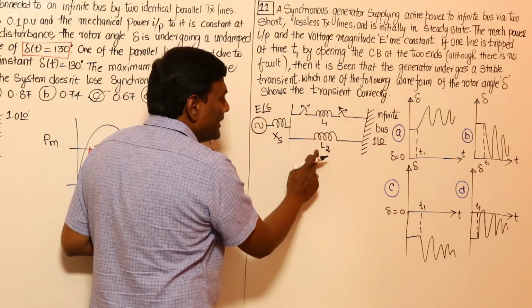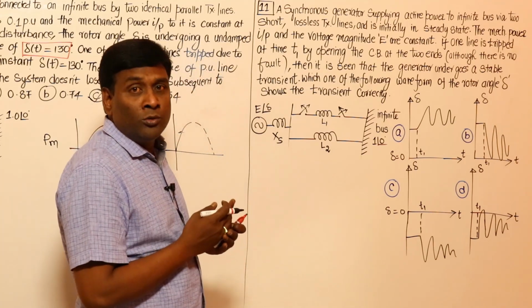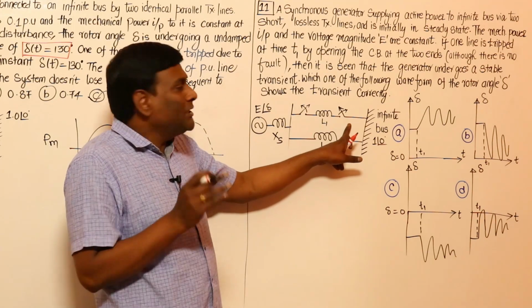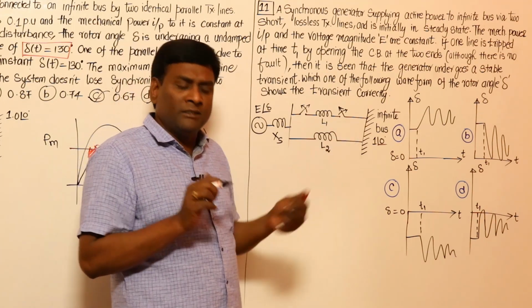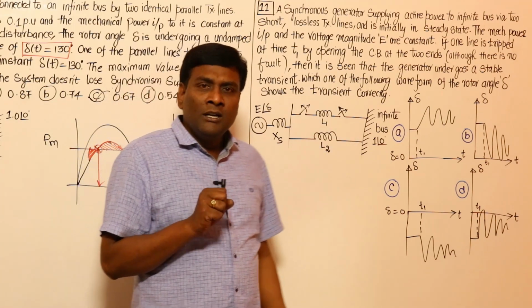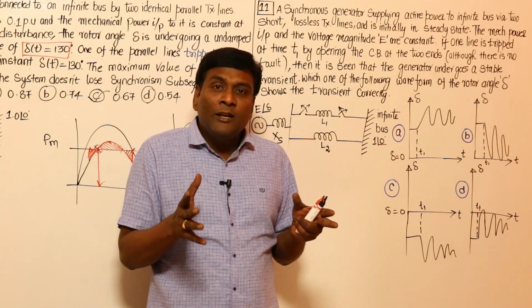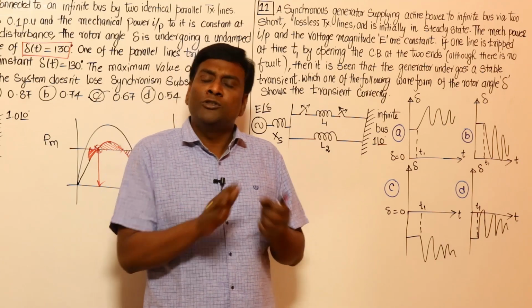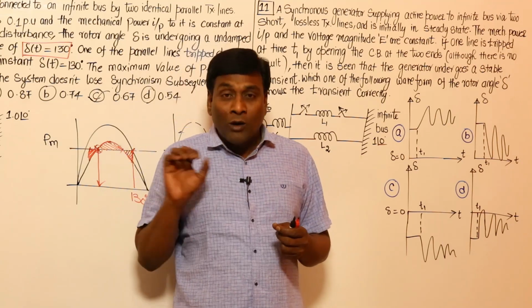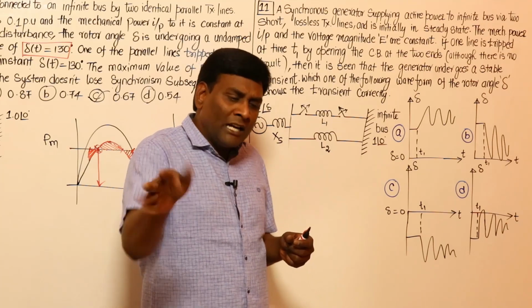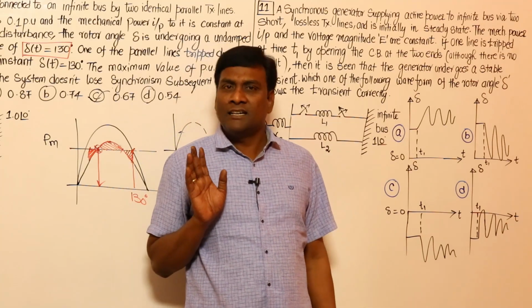When both lines are there, Pmax is going to be more, and when one is disconnected, Pmax has to be reduced. Mechanical power and electrical power will not change. Actually, many are confused. If I say Pmax is reduced, some people feel that mechanical power is reduced, electrical power is reduced. No. Whatever mechanical power you give to the alternator is decided by the prime mover, and that will be converted into electrical power under steady state conditions.